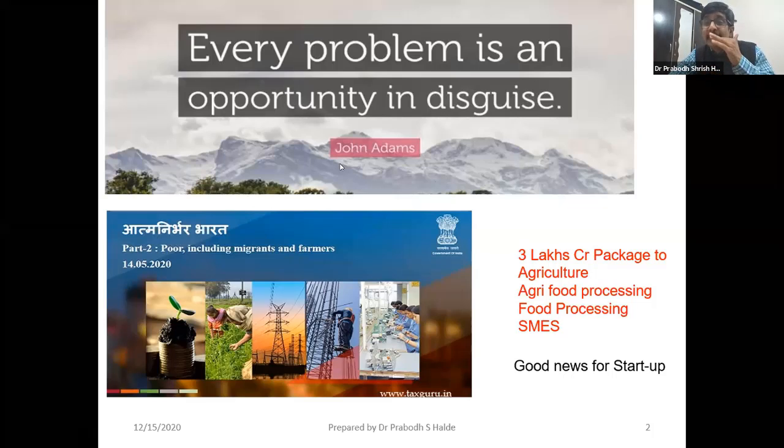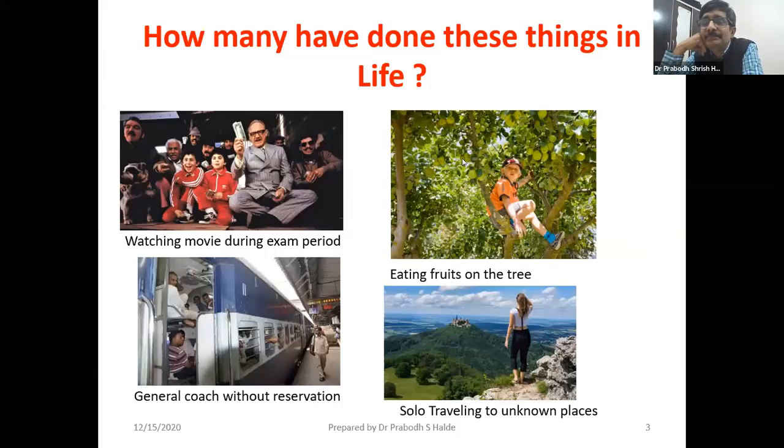You remember there was World War 1 and World War 2. So many problems occurred and so many innovations happened. In the same way, this pandemic in the area of food processing will bring many innovations in the small sector, medium sector, and big sector. We will see the area of startups.